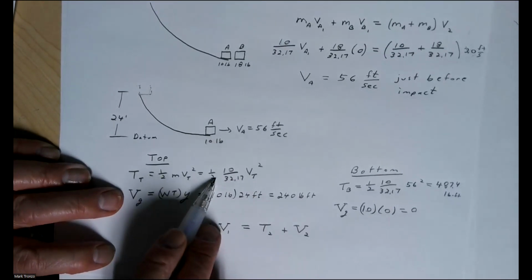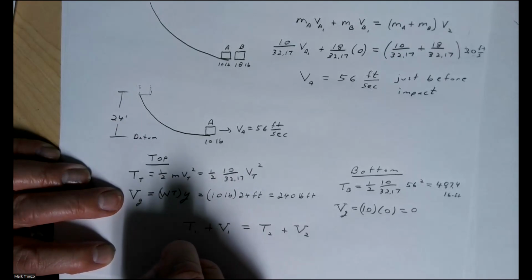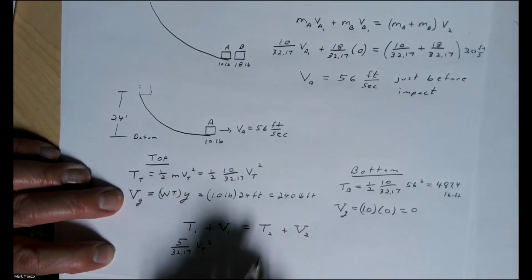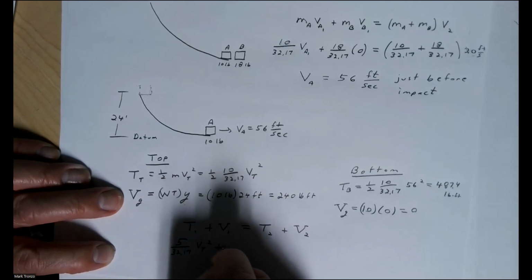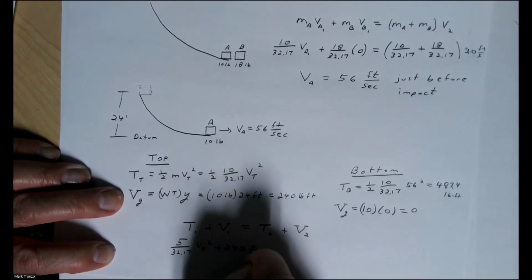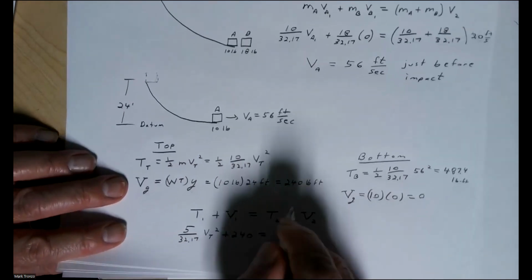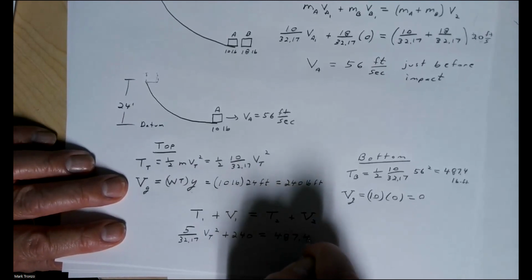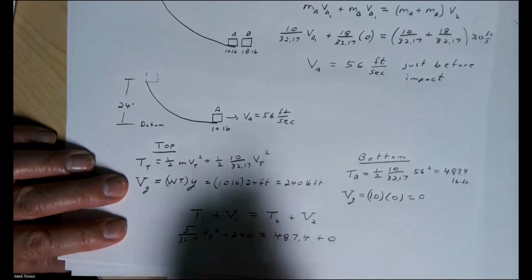I'm going to divide the 2 into the 10, so that gives us 5 divided by 32.17 velocity at the top squared plus 240 equals 487.4 plus 0.